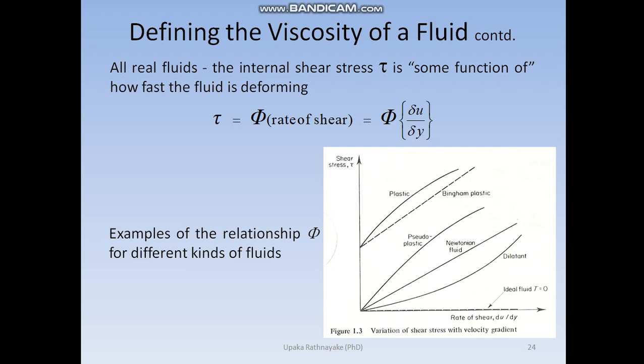Now, in the context of this module, we'll be only looking at the Newtonian fluids, that is to go with y equals mx. Y stands for tau, m stands for mu, x stands for du over dy.